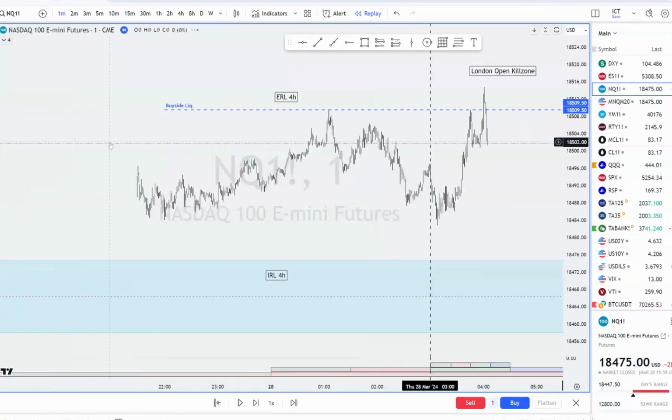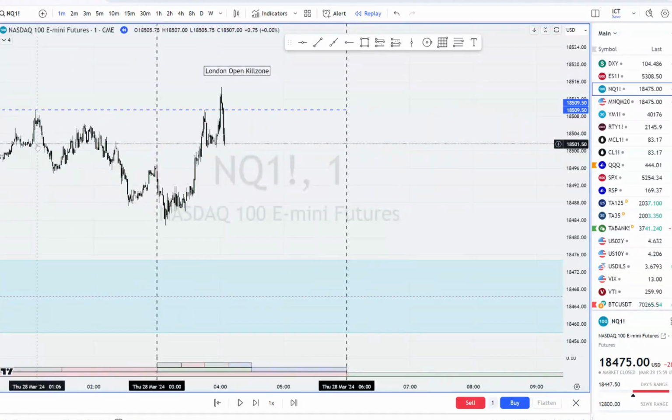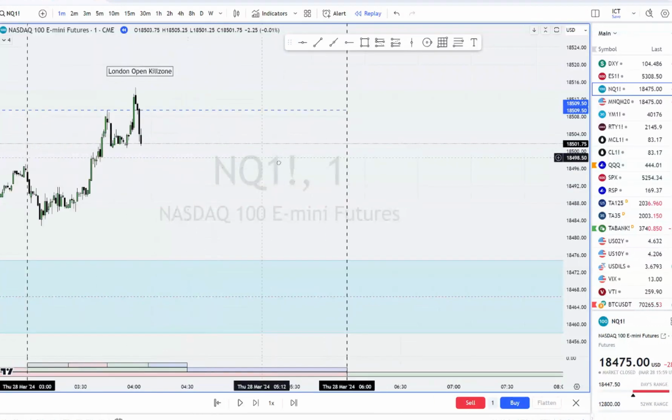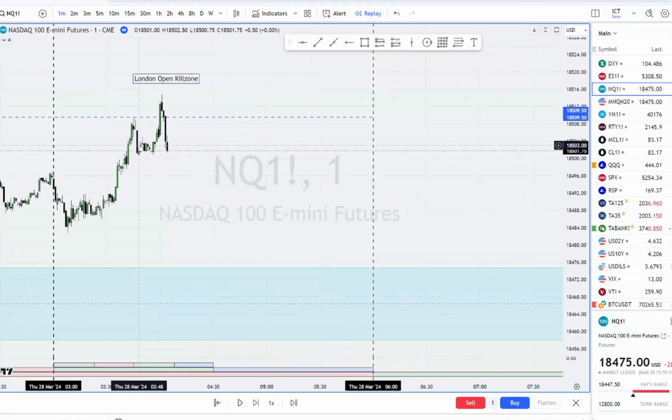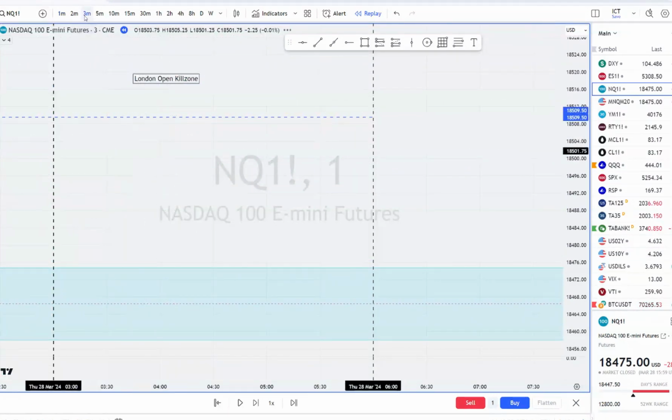But again, we didn't sweep any liquidity, and we didn't perform any market structure shift. So I highly, highly advise you to keep away from the 1 minute chart unless you know what you're doing and you have backtested your strategy for a while.